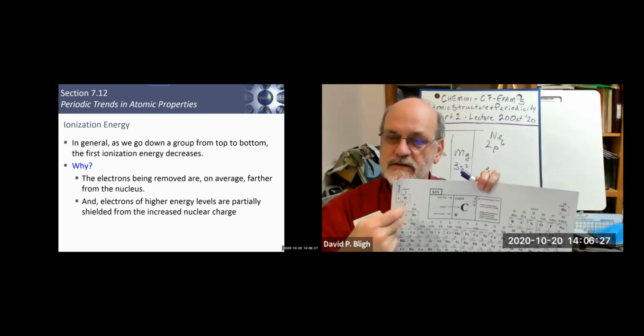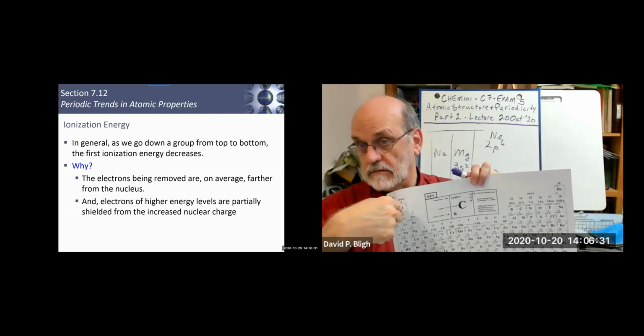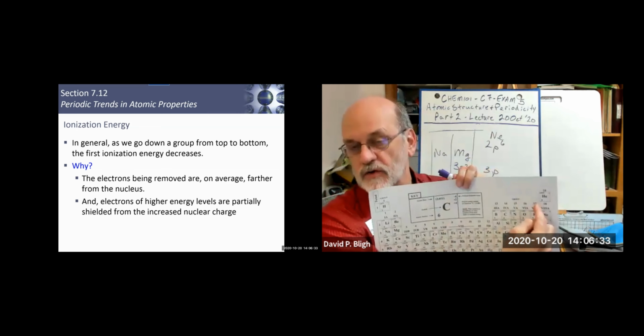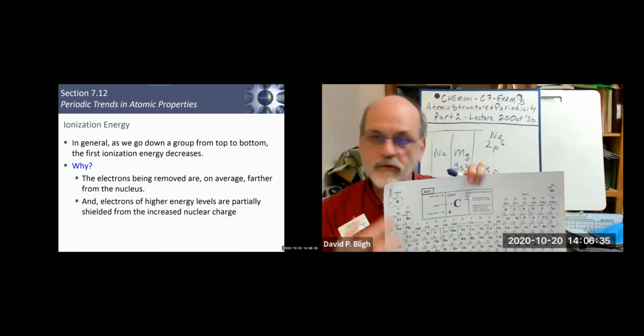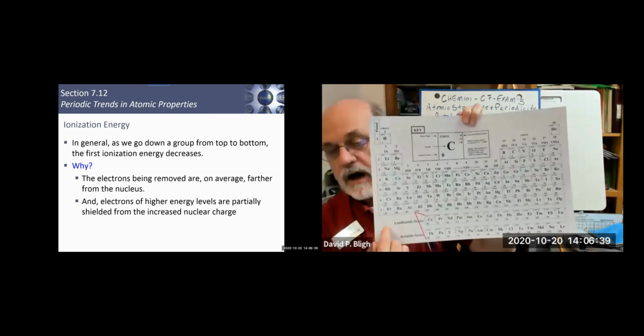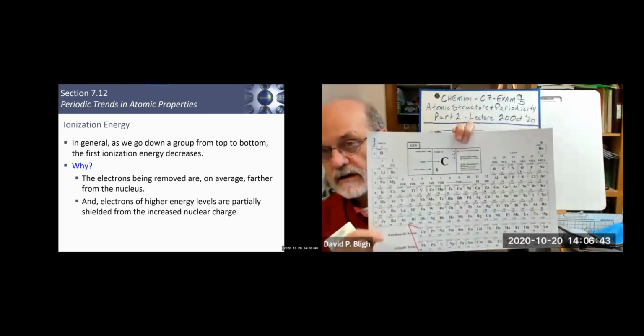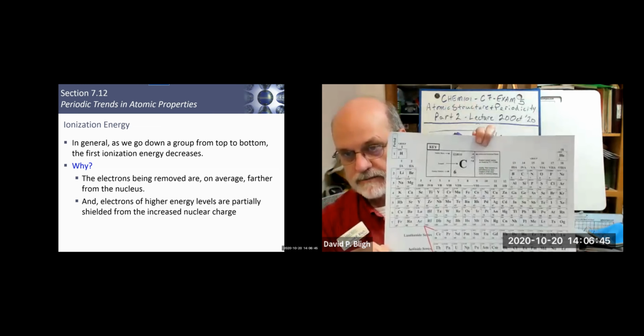So the trend is from bottom to top increasing and from left to right increasing. So for the whole periodic table, the trend is from lower left to upper right increasing first ionization energy.